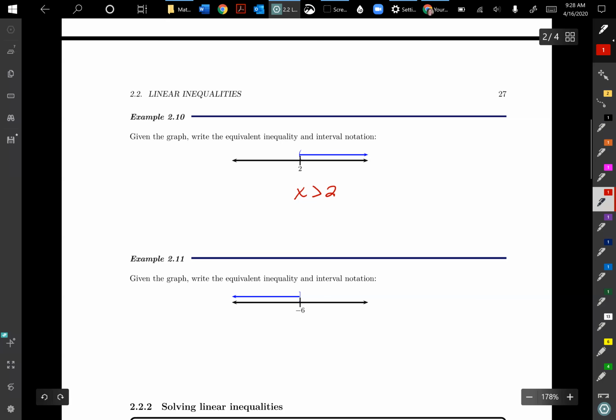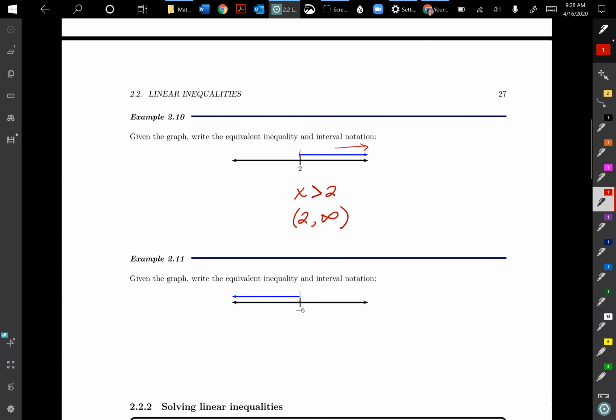It's not equal to, because we have a curved parenthesis. Notice this little symbol is going in the same direction as my arrow. So x can be anything bigger than 2. For interval notation, we're going to write the 2 with a curved parenthesis, comma, infinity, and then a curved parenthesis.